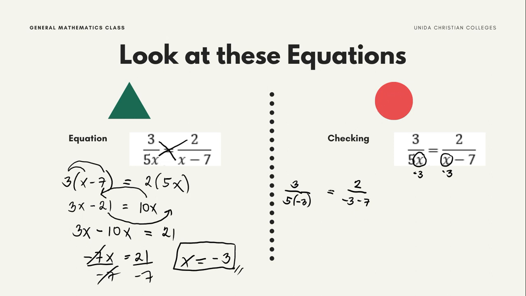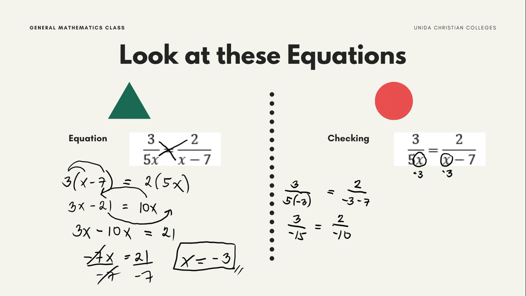Remember, kapag nag-equal po yung left side mo, so right side mo, then it means that the value of your x is correct. Okay? So, right sa numerator, we have 5 times negative 3. That is negative 15 is equal to, rewrite si numerator, negative 3 minus 7, we have negative 10.